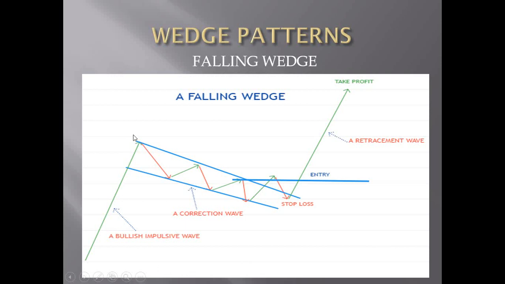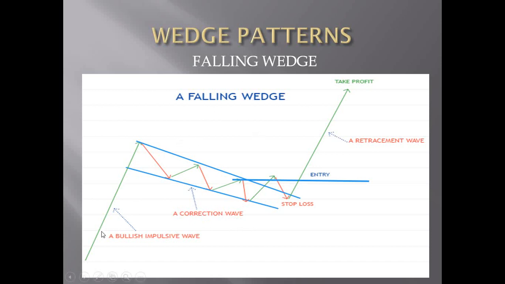This pattern appears in a bullish trend. The falling wedge has to appear in a bullish trend, as I've indicated here, after a bullish impulsive wave. So the market has to form a bullish impulsive move, and the falling wedge will act as a correction pattern. The falling wedge is actually the correction pattern.